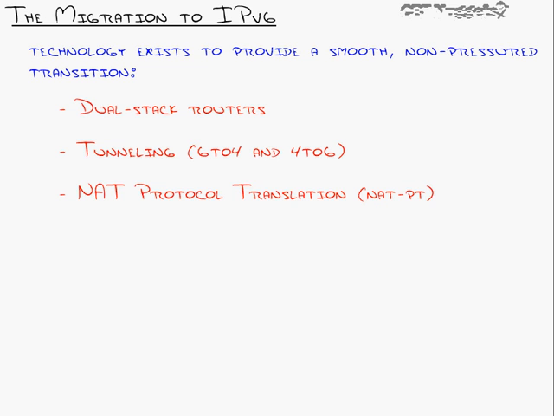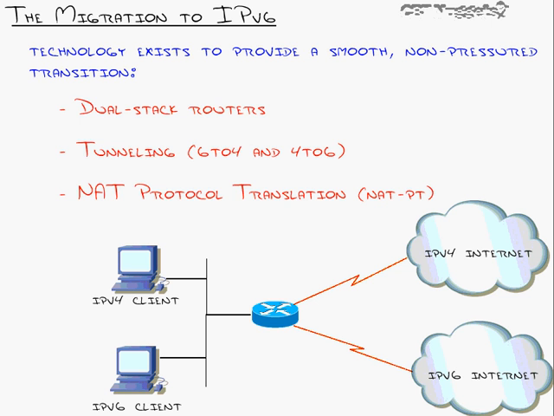The way that we can do it, there's 3 different strategies. Number 1 is by using dual stack routers. What we can do is go in here and set up a router that runs both protocols at the same time, IP version 4 and IP version 6. The IP version 4 internet will be around for quite some time to come.